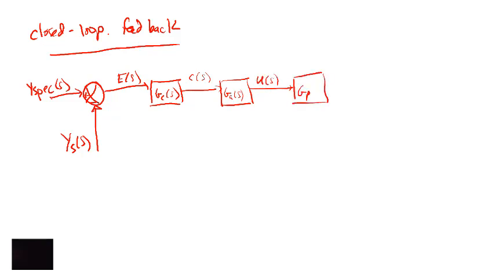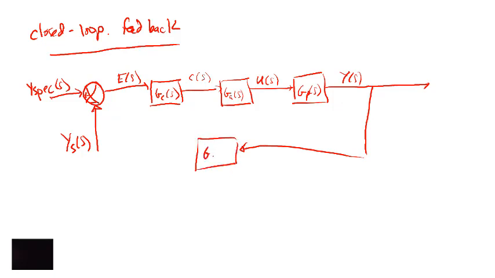So the process is going to have a transfer function, and then the output of the process is going to be Y(s). This is the variable that we care about. So this Y(s) is going to be sensed. It's going to go to a sensor, and the sensor is going to give us the sensor variable in the Laplace domain.